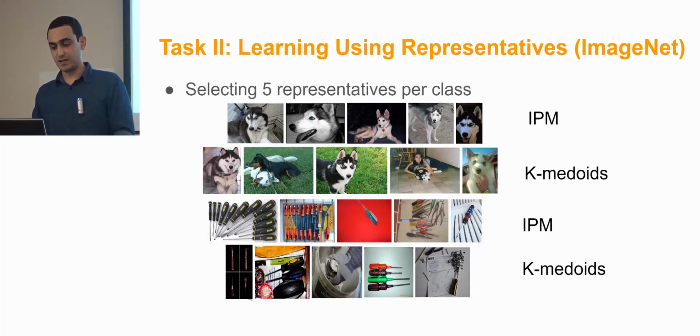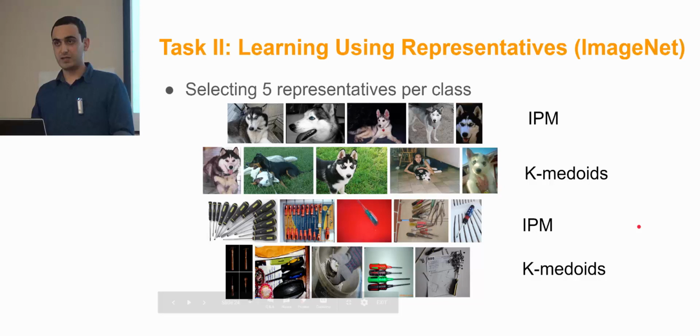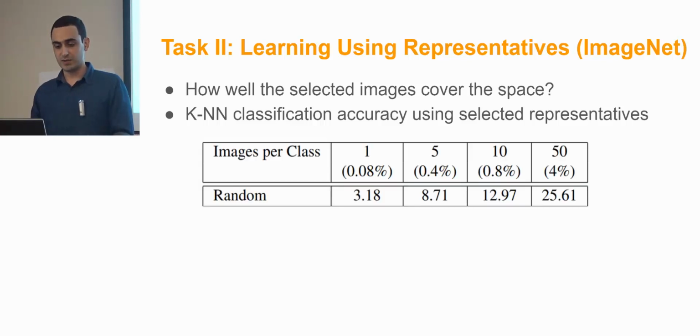But one might ask whether the samples selected by k-methods are more diverse, so they cover the space better. To answer that question, we tried to classify all the images in the testing set using only the selected samples, with the k-nearest neighbor classifier. So for each testing sample, we try to find the k-nearest neighbor in the selected samples.